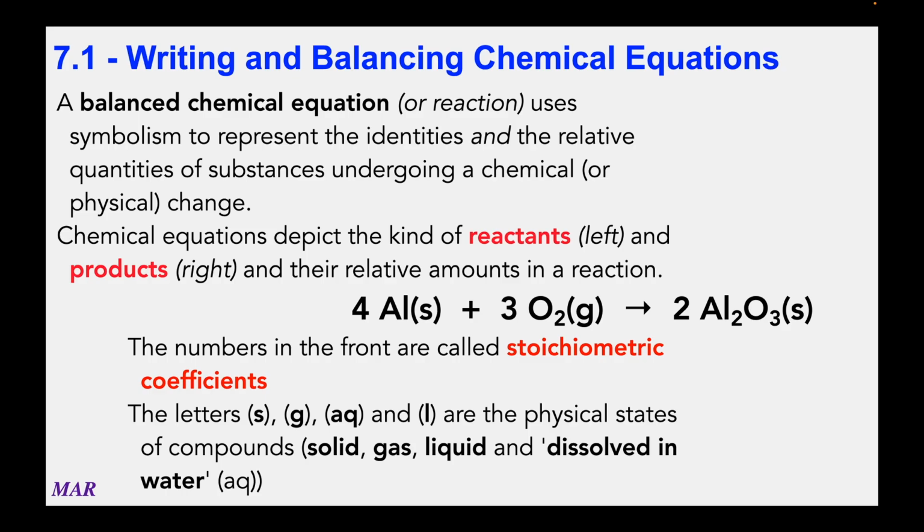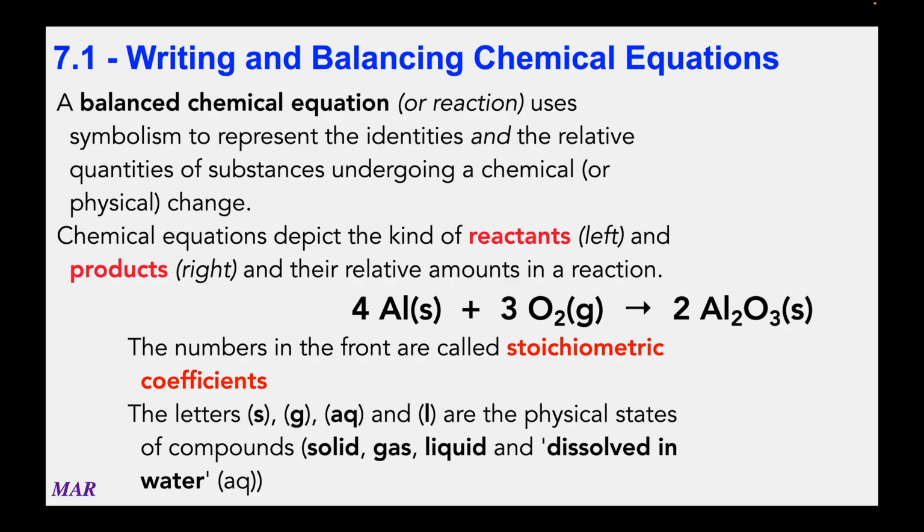The other part you might have picked up on is that there are S's and G's. S stands for solid, so that would be aluminum solid. It wouldn't be aluminum as a gas or a liquid or something like that. That being said, the O2 there is a gas. You wouldn't put in liquid oxygen, you would put in gaseous oxygen. And on the other side, the product, the aluminum oxide, you're going to get a solid out.